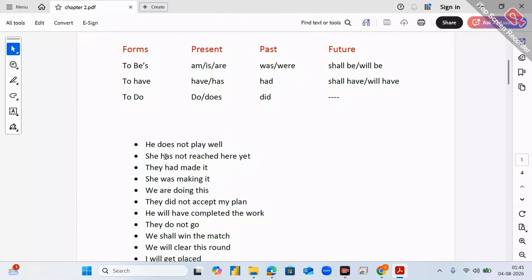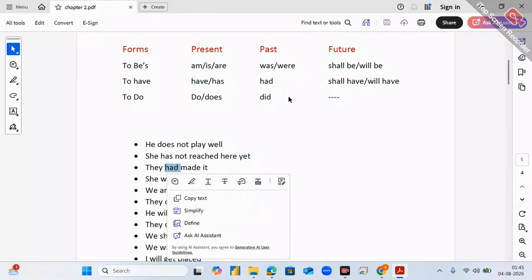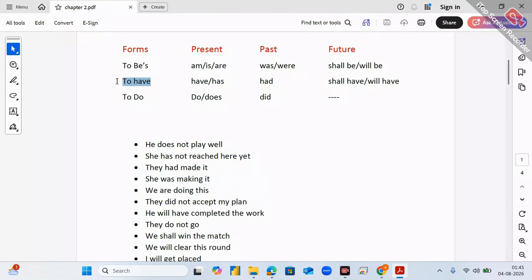So it is also the present tense. Next, they had made it. Now had is in past tense, right? Past format of to have, right? Likewise, you guys are going to solve one by one all the sentences which I have listed over here.